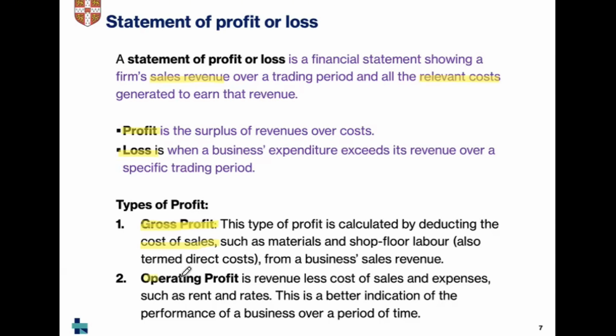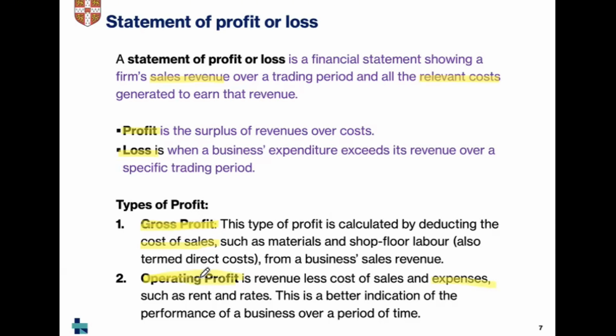These other costs are deducted from the gross profit to generate the operating profit. So the operating profit is the revenue less cost of sales and expenses. In gross profit, it is just the revenue minus the cost of sales. The cost of sales is the cost incurred in producing the product.